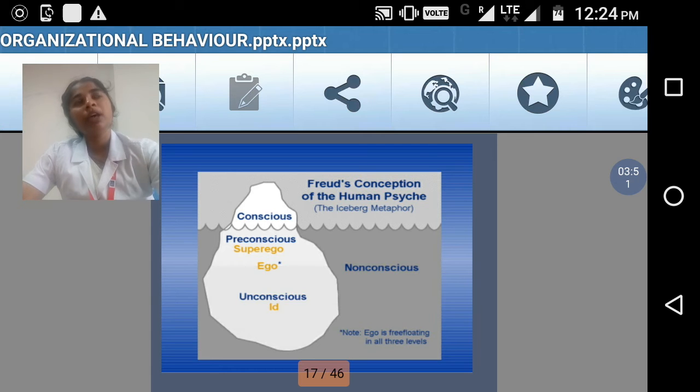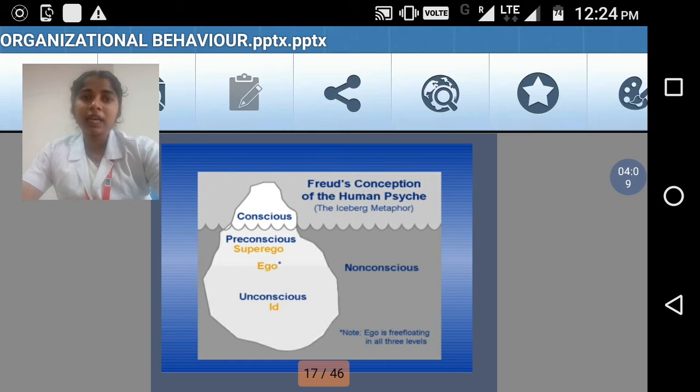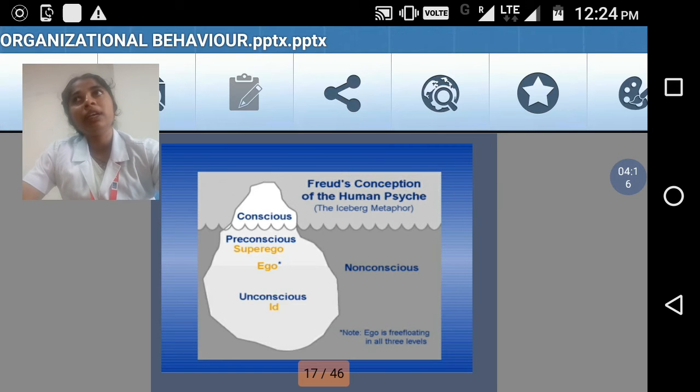Let me give an example with three kinds of persons: one is id, one is ego, and another is superego. If there are a lot of friends but only one ice cream available, the id thinks, I need to get it and I need to eat it. That is the characteristic of the id. The ego also wants that ice cream, but it thinks about whether getting and eating it is right or wrong.